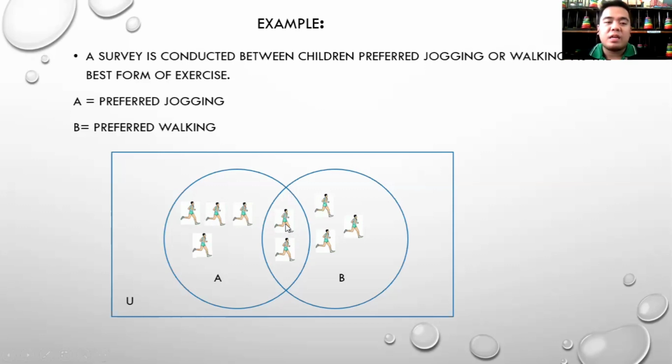They chose two, either jogging or walking, so that is the intersection. As for those who preferred walking as your set B, only 3 preferred walking only, because again, these two people here preferred both jogging and walking as the best form of exercise.